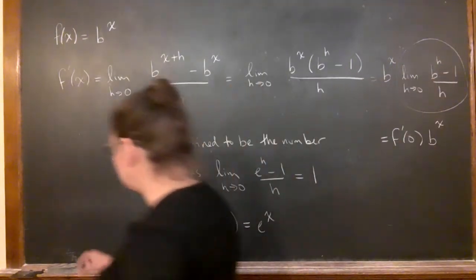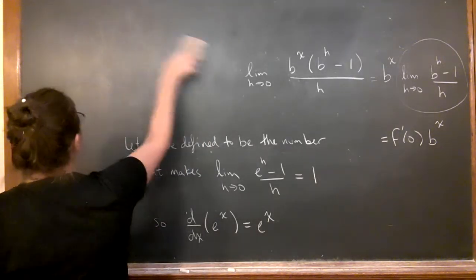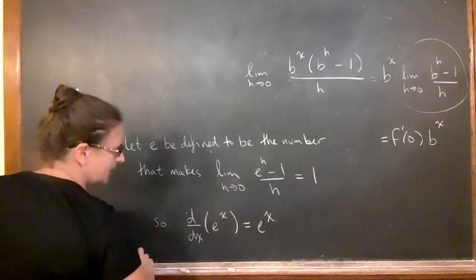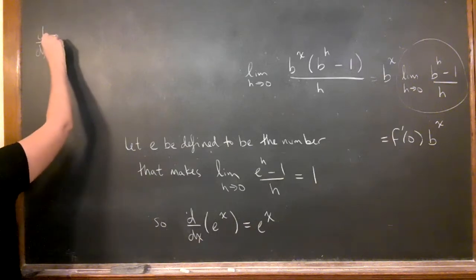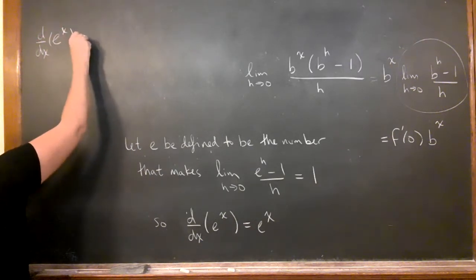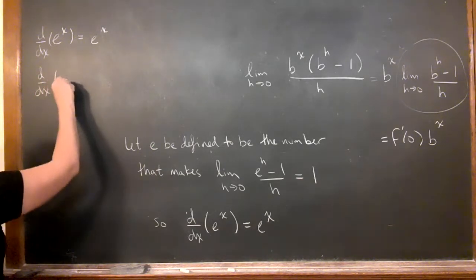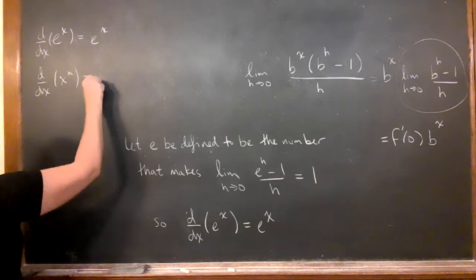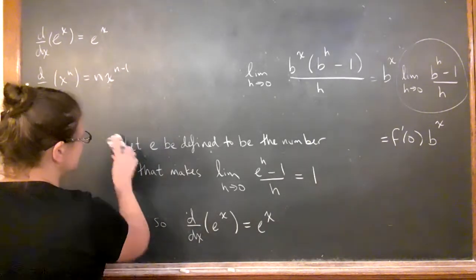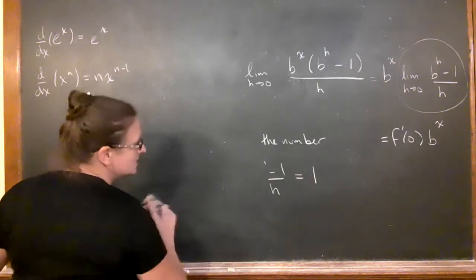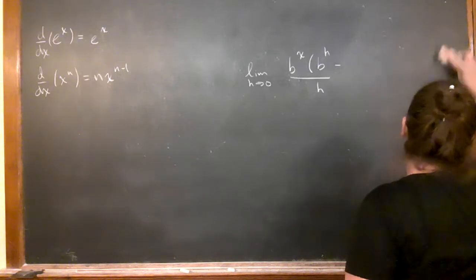Okay? So with that in mind, let me just briefly put that up here, and we'll worry about other bases at some other time. The derivative of e to the x is e to the x, and the derivative of x to the n is n x to the n minus 1. So basically those are the two rules that we have, plus the constant multiple rule and the sums and differences.